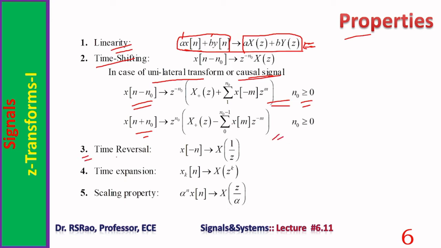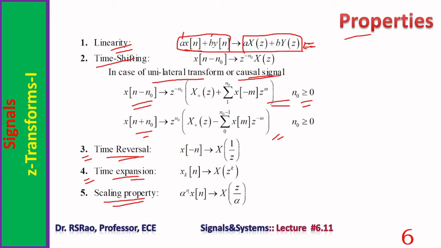Third property, time reversal. The transform of x of minus n is equal to X of z inverse. Time expansion property. x_k of n, its transform is X of z power k. Another property, the scaling property.